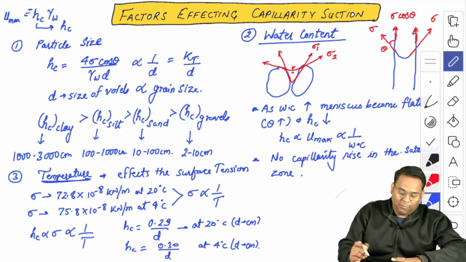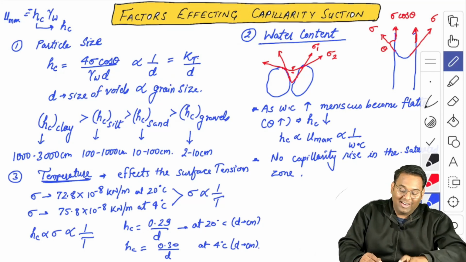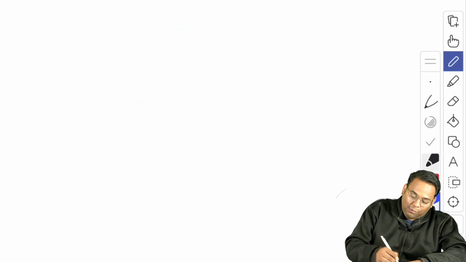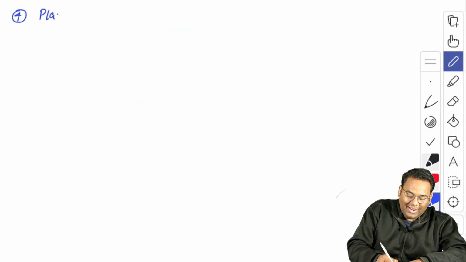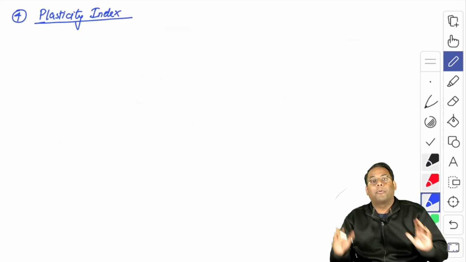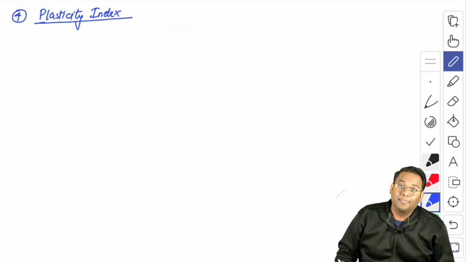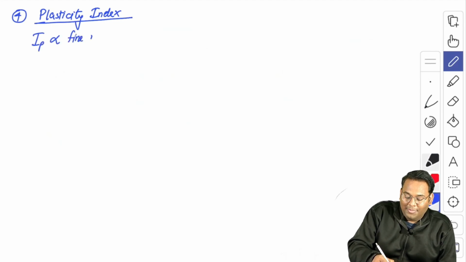Now move ahead to the fourth factor, and that is the value of plasticity index. As you already know, the plasticity index is a measure of cohesion, and that also depends upon the size of solids. Plasticity index is more for fine grained soil.